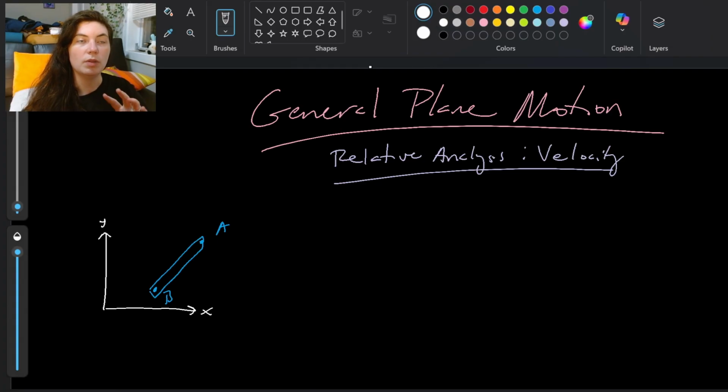With our relative motion analysis, we've looked at relative motion before, right? We've looked at it a little bit in our kinematics of a particle, at how relative motion works, which is essentially creating a new frame of reference. So that's the first thing we're going to do here. Instead of our frame of reference being this standard fixed XY axis, we're going to say that this XY axis is translating with it.